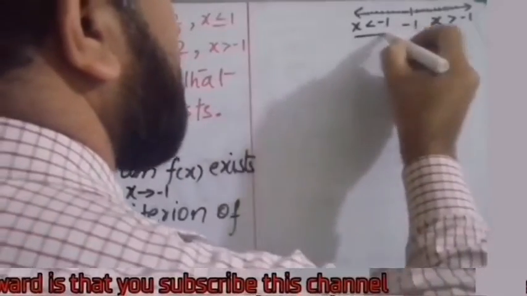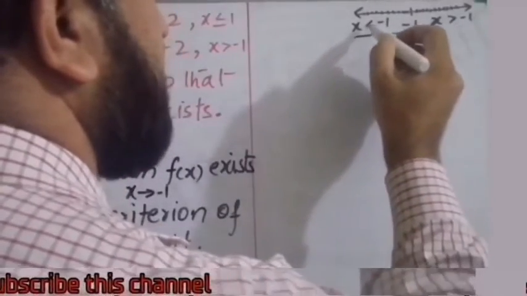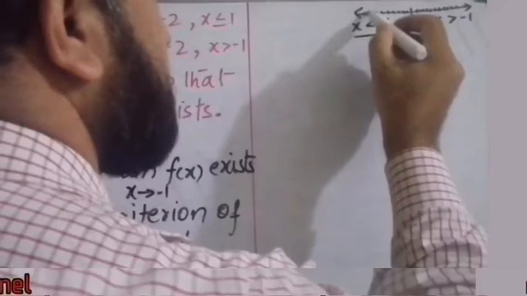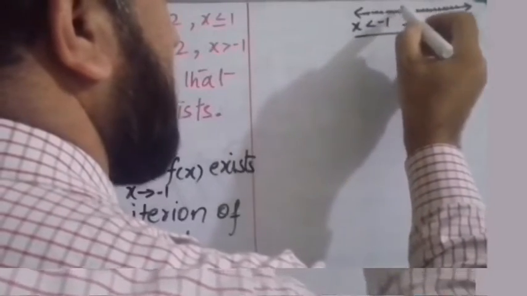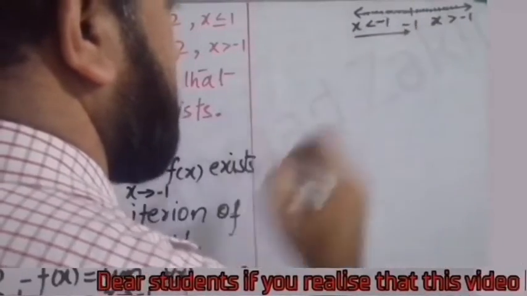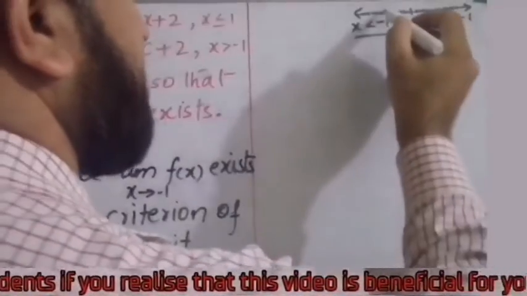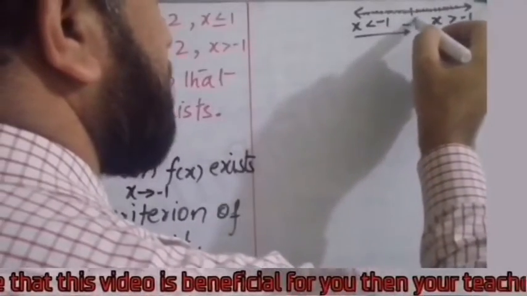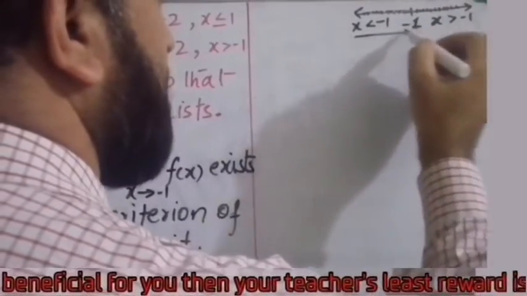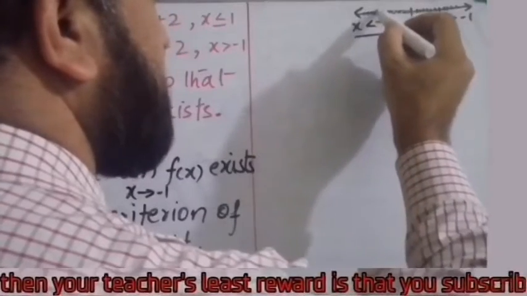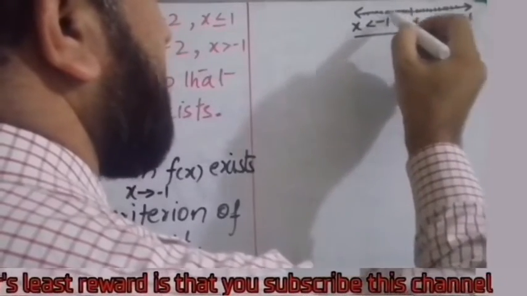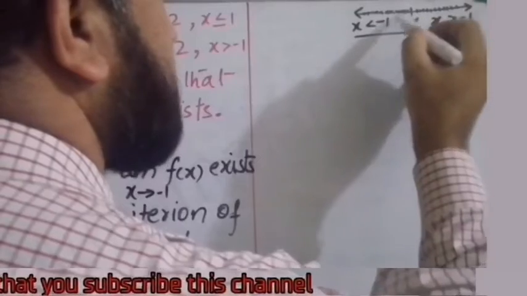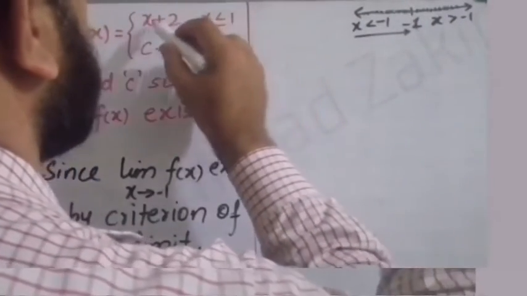So when we approach minus 1 from the left side, the numbers we pass by are less than minus 1. We are getting closer and closer to minus 1 from the left side, and all these numbers are less than minus 1. This condition is satisfied by the first definition.